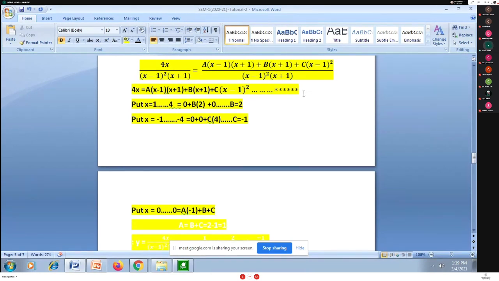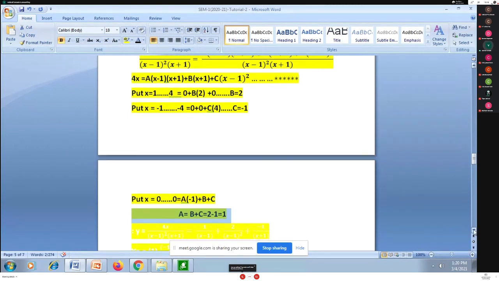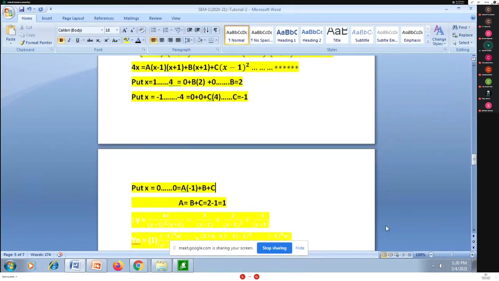On the left hand side you have 0, and on the right A into minus 1 plus B into 1 plus C into 1. So I have 0 is equal to minus A plus B plus C. So you get a statement in terms of A, B, C: A is equal to B plus C. Substitute B and C, and now you have the third unknown.